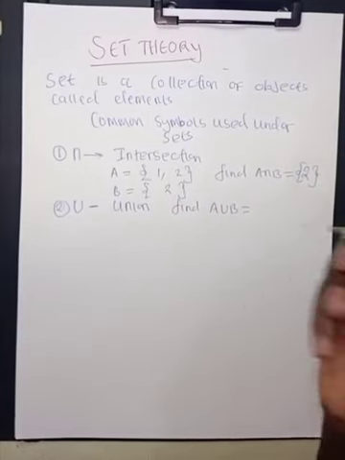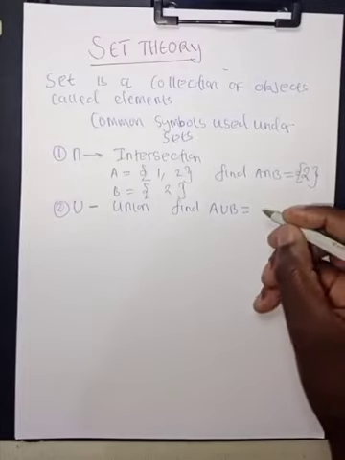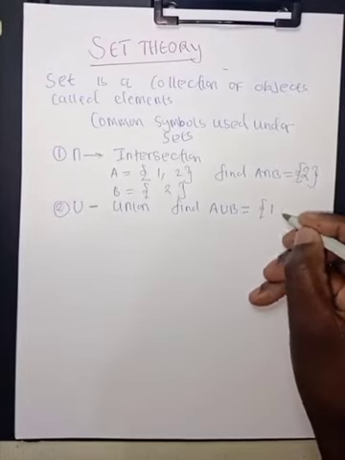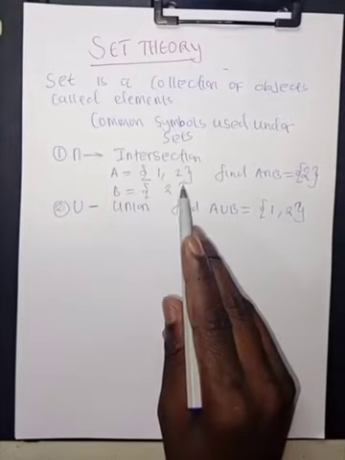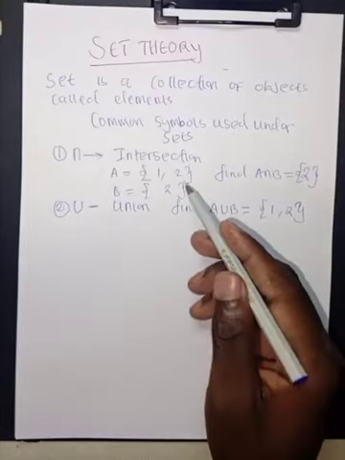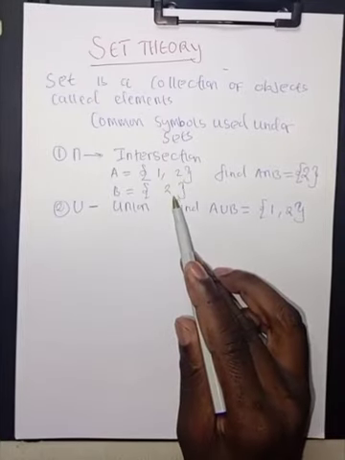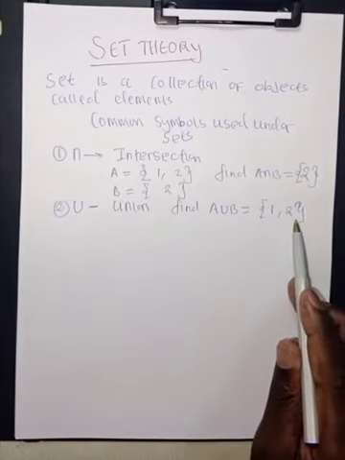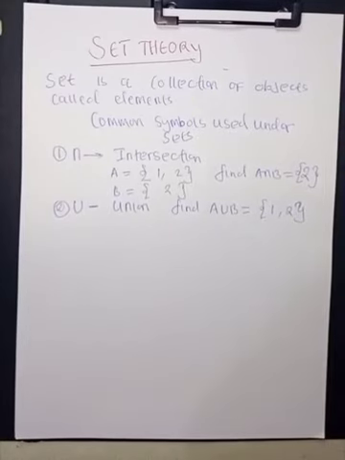You have to list all the elements that are in set A and set B. So our answer will be 1 and 2, because we should know that we don't write one number twice. We know that 2 is in set A and 2 is in set B, but when writing A union B, we just write 2 once, because we already know it is in both.